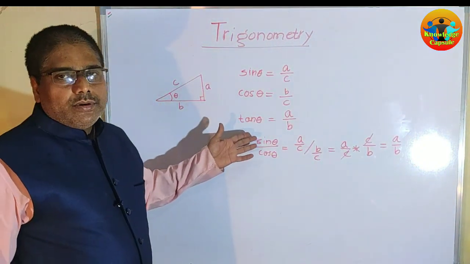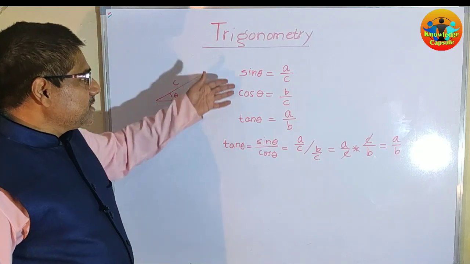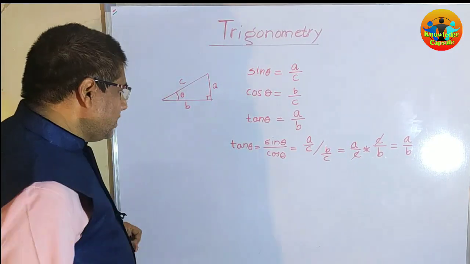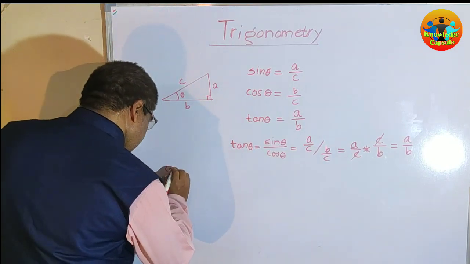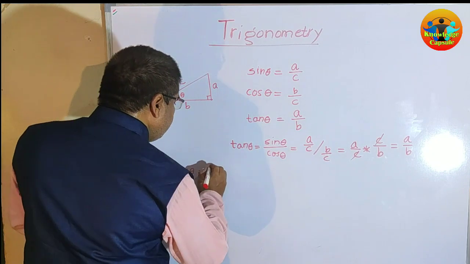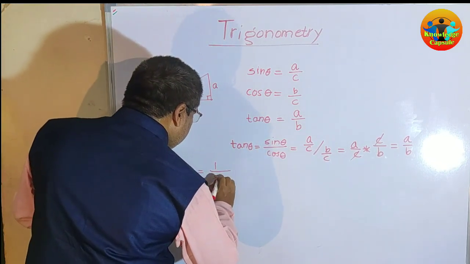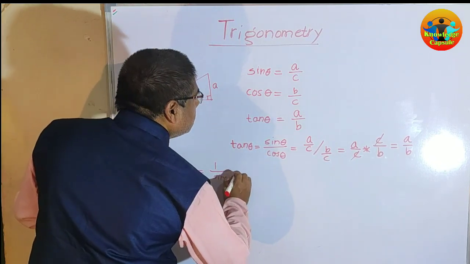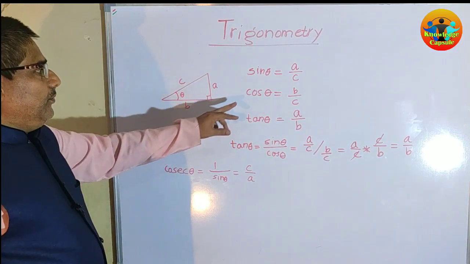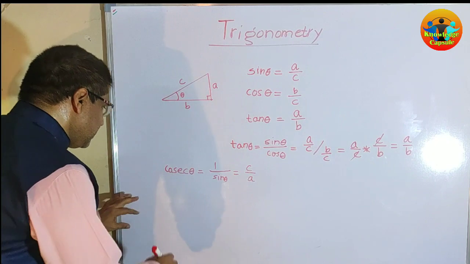Now there are 3 more trigonometric ratios which are reciprocals of all these. Cosec theta is the reciprocal of sine theta, is equal to 1 by sine theta, is equal to C by A. 1 by cos theta is the sec theta.